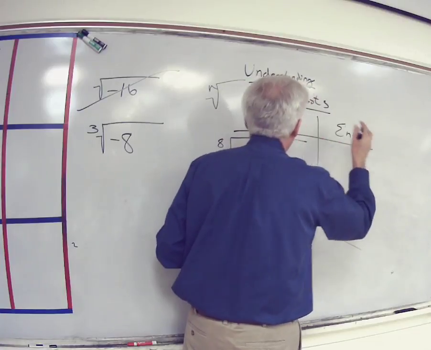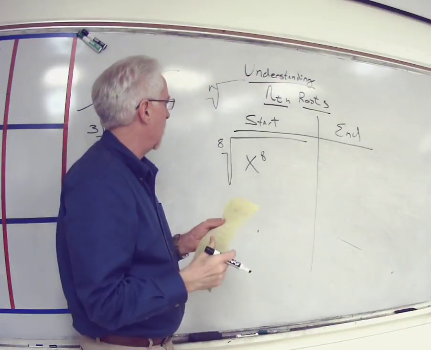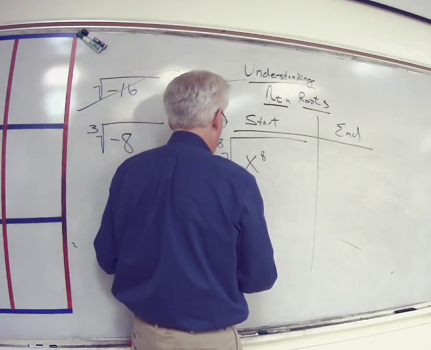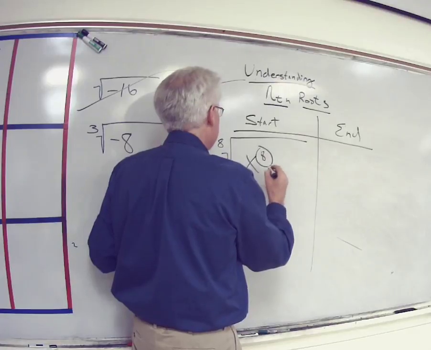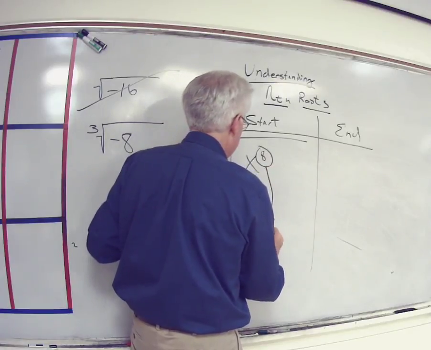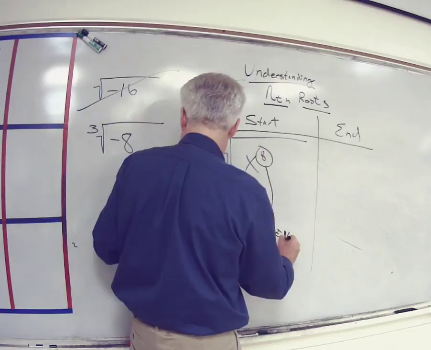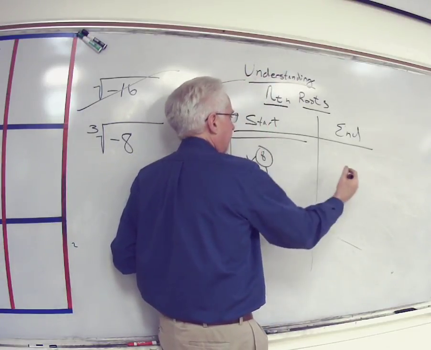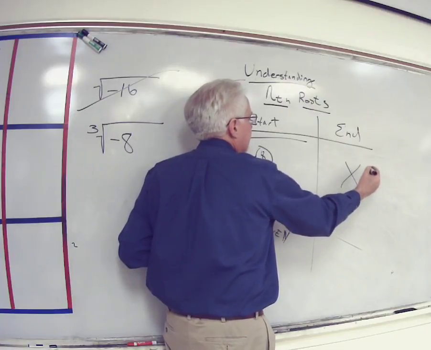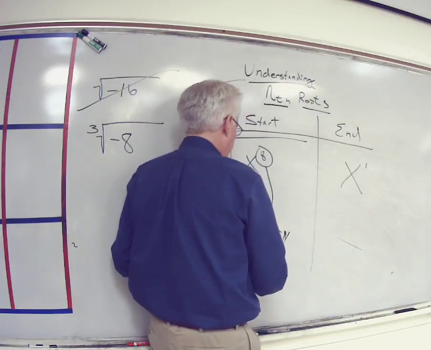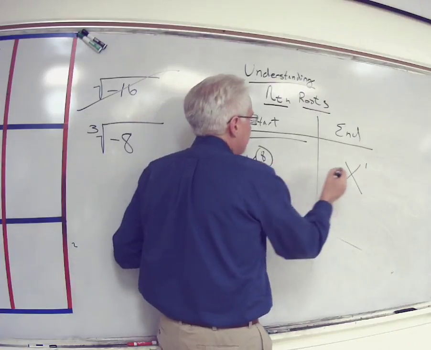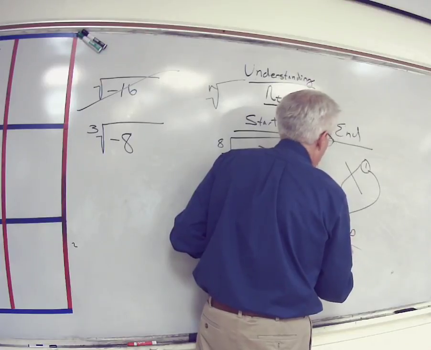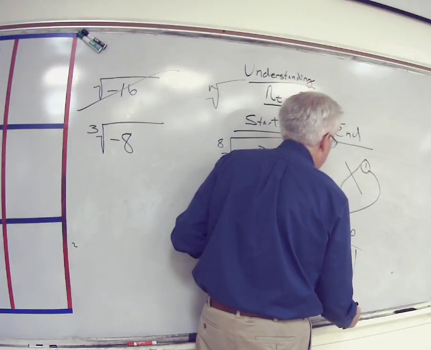Now there's something you have to check for on every single one. If this is even, what does the answer end up to be? x. And that's x to the 1. If the exponent starts even and ends odd, you have to add absolute values.